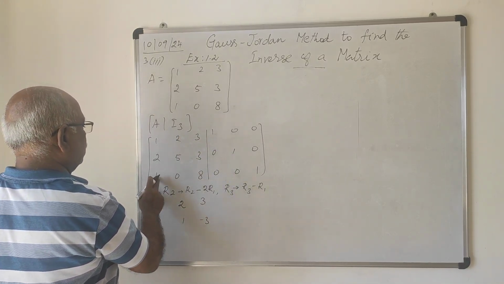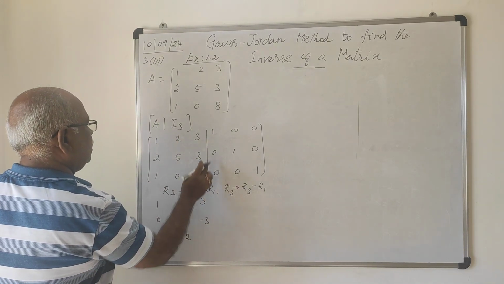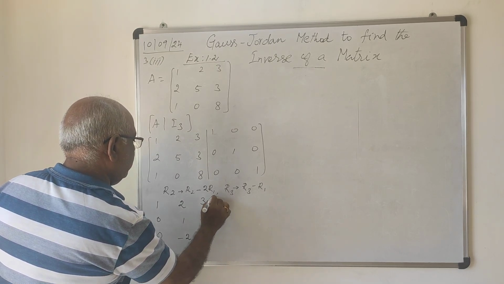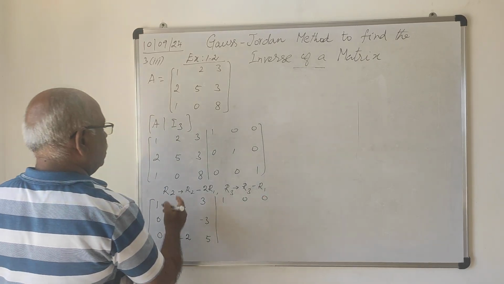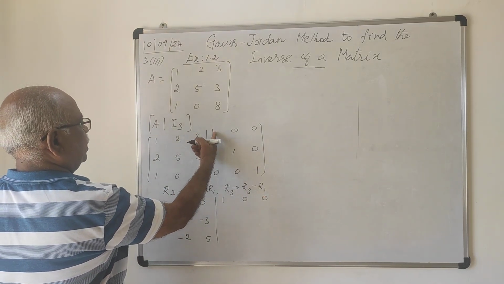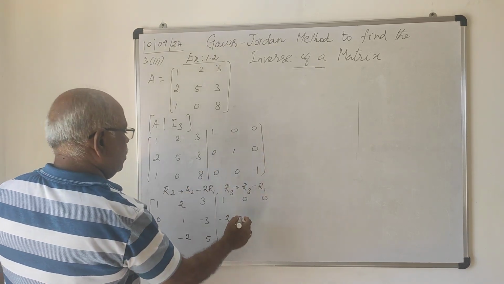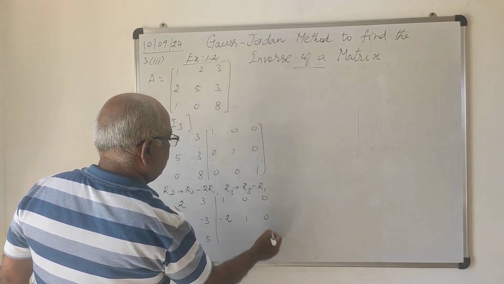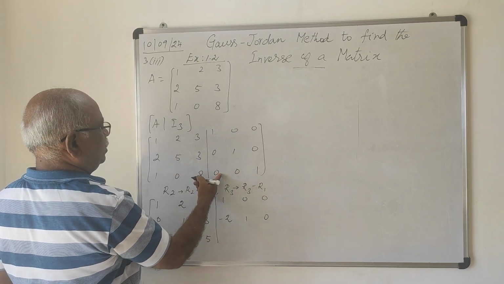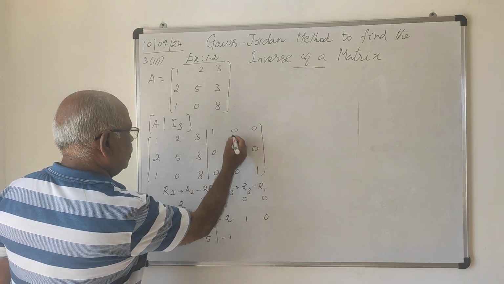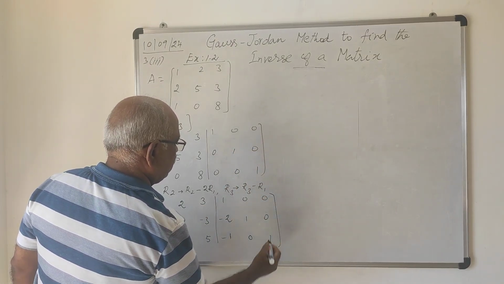Next operation R3 minus R1: 1 minus 1 is 0, 0 minus 2 is minus 2, 8 minus 3 is 5. Same operation on the identity matrix: 1, 0, 0, R2 minus 2 R1: 0 minus 2 is minus 2, 1, 0. Similarly, R3 minus R1: 0 minus 1 is minus 1, 0, 1.